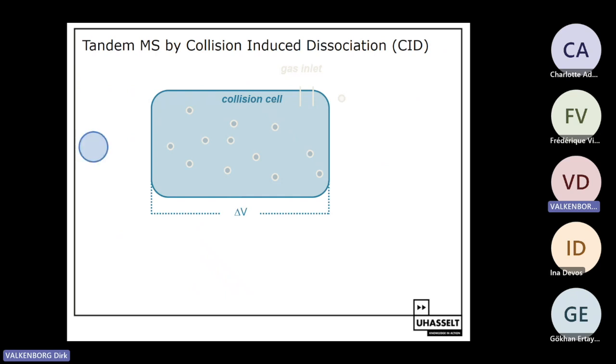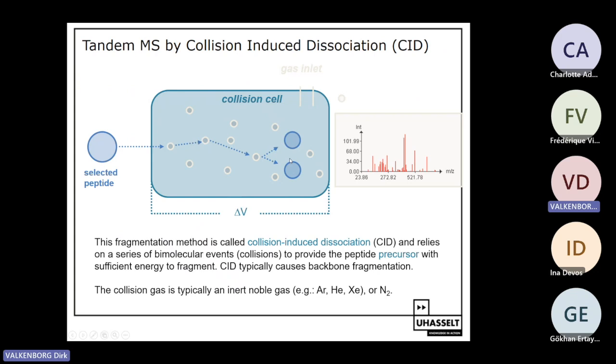And what happens is we have our peptide that we have selected, not only one, but 10,000 copies of these guys. It will move through my collision cell, it will heat up and become metastable, and then suddenly release the energy by breaking into two parts. And how these two parts break up, we will measure.